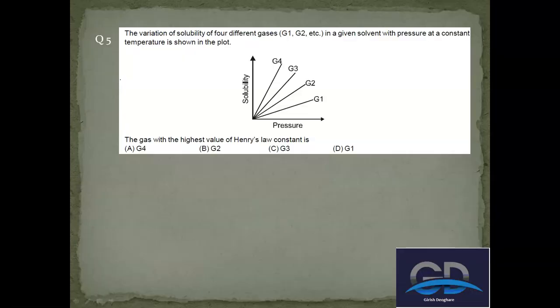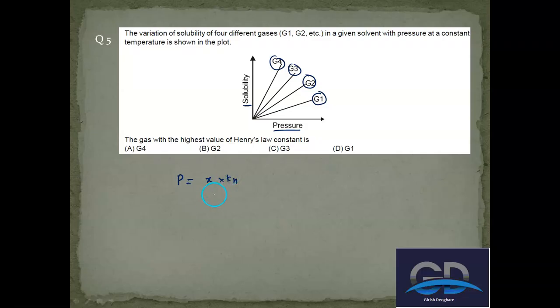The variation of solubilities of 4 different gases in a given solvent with pressure at a constant temperature is shown in the plot. There are 4 gases, G1, G2, G3 and G4. The gas with the highest value of Henry's law constant is. On the y-axis we have plotted solubility and on the x-axis pressure. From Henry's law we know that pressure is equal to the mole fraction times Henry's constant.